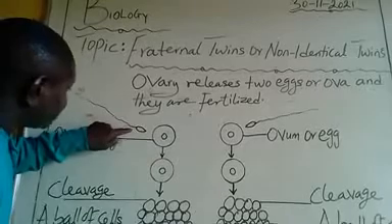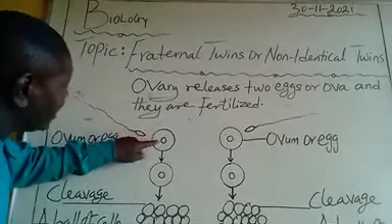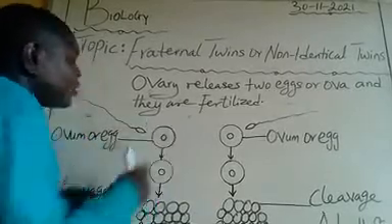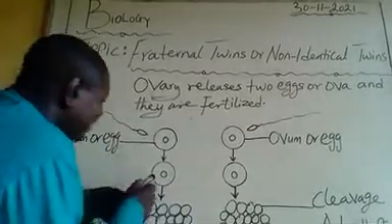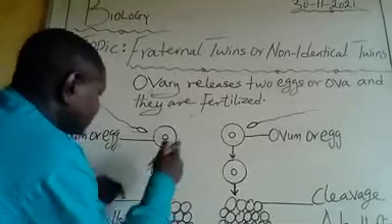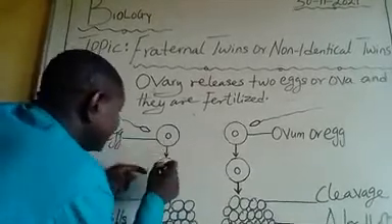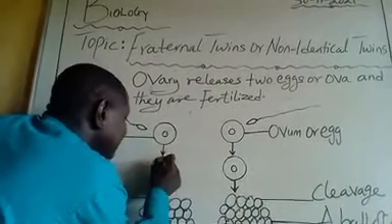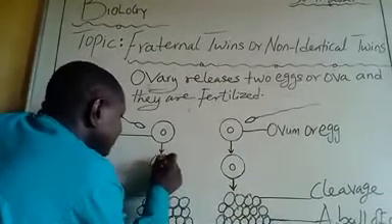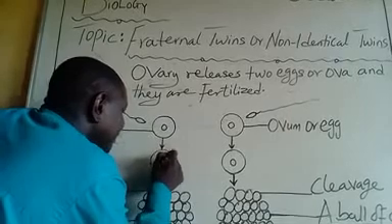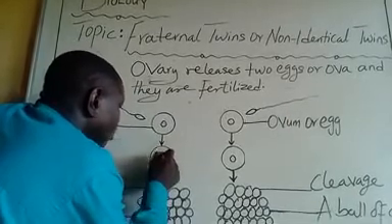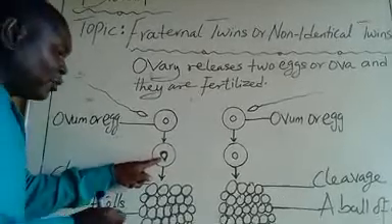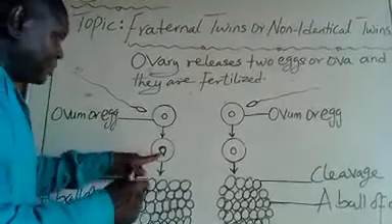Look at this sperm swimming towards this ovum or egg. Here, fertilization has not taken place. Fertilization is going to take place here. Now, the sperm will fertilize the ovum or egg. Okay? Fertilization has already taken place.